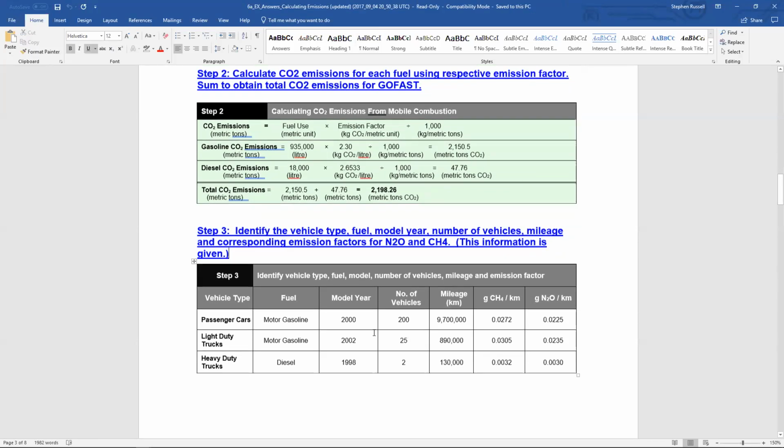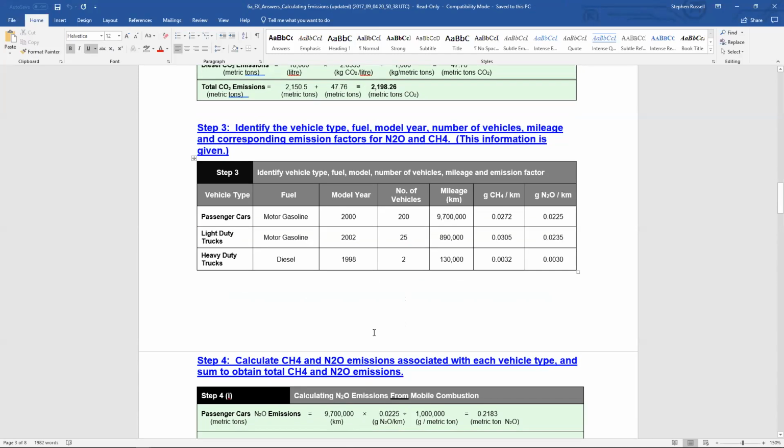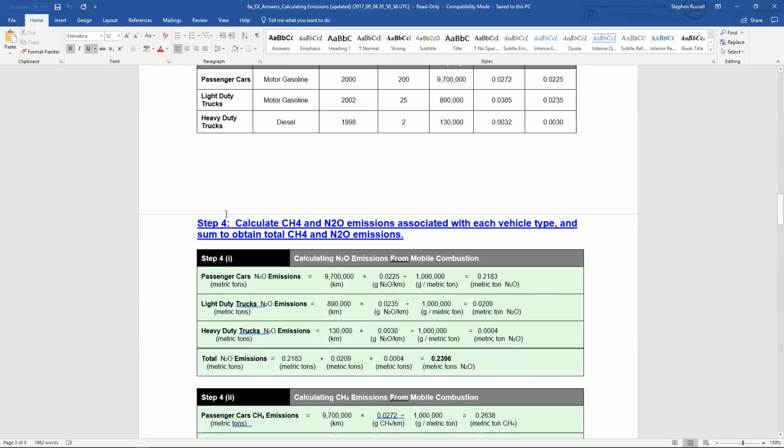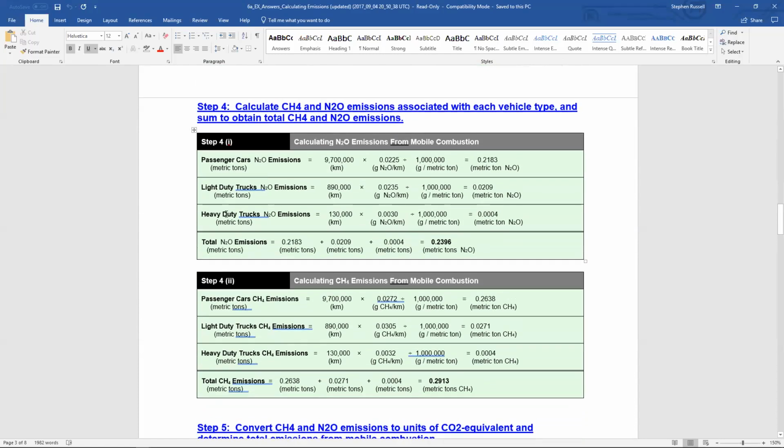Now, to calculate the methane and nitrous oxide emissions, it was first necessary to map the appropriate emission factors to the source. And so this table does that. It assigns the appropriate emission factor to the different classes of vehicles. And then once you've done that, you're in a position to apply those emission factors.